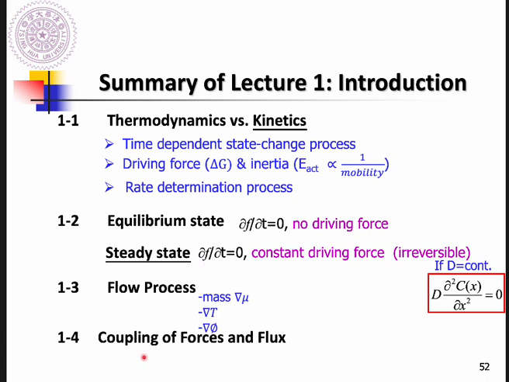And the third and fourth sections involve how to quantitatively describe the kinetics process. Then we introduced the beautiful equation, which is temperature times sigma dot equals the flux times the driving force.